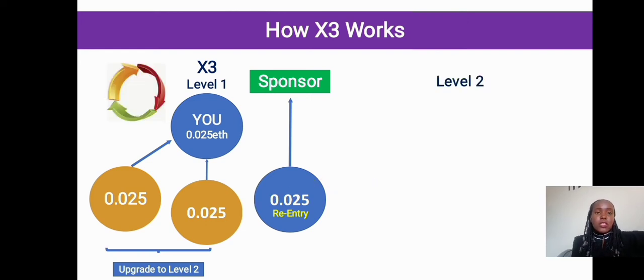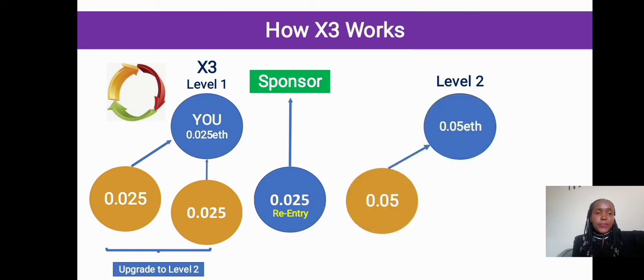So this is slot 1, and when we look at level 2 or slot 2, you activate the second slot with 0.05 Ethereum. So for you to activate the first slot and the second slot, you need 0.025 Ethereum plus 0.05 Ethereum.